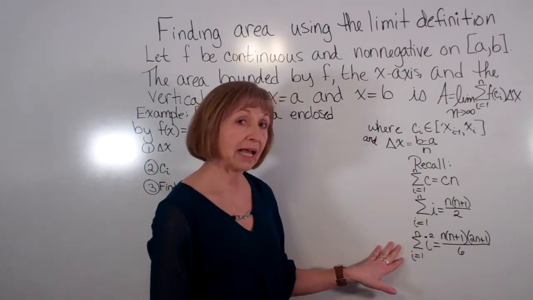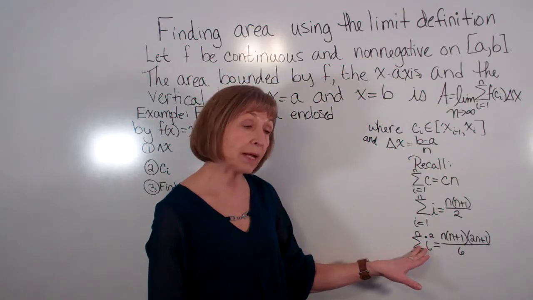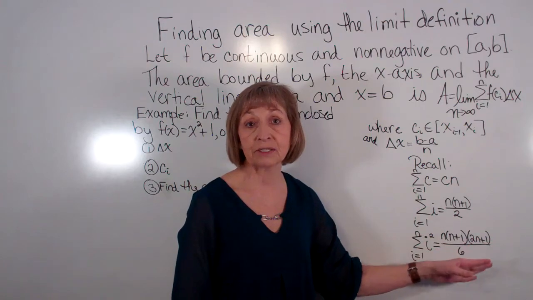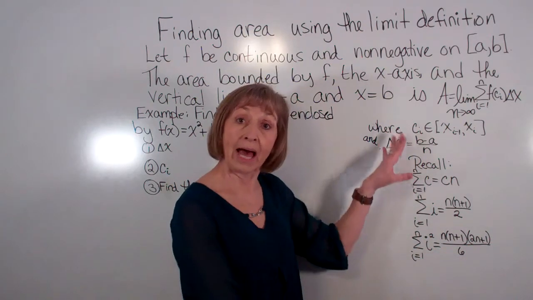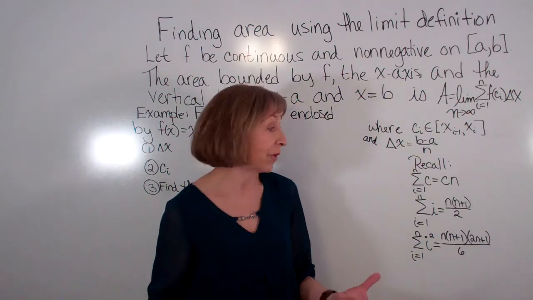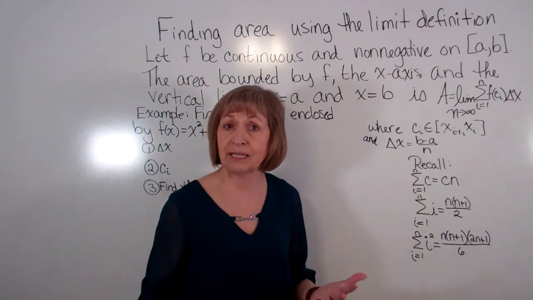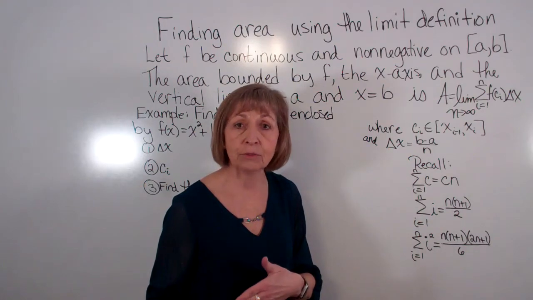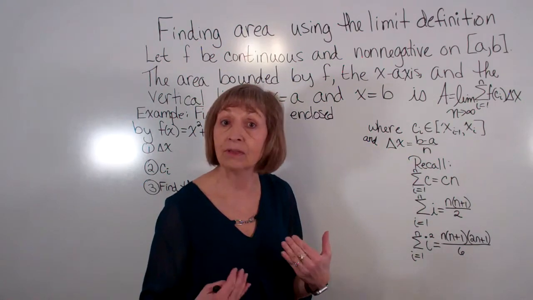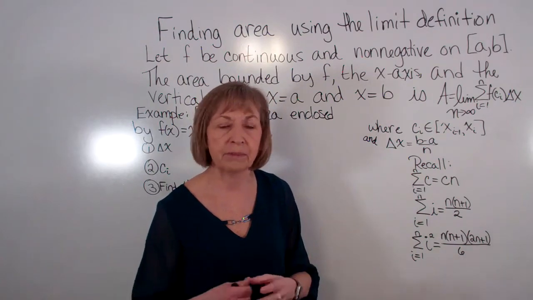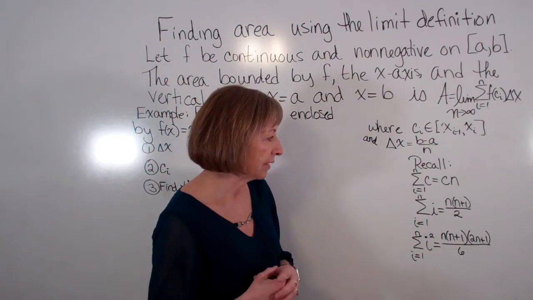And the summation i equals 1 to n of i squared is equal to n times n plus 1 times 2n plus 1 all over 6. Now, I just listed here the ones that we'll need for this problem. There are a lot of other summations. If you had a polynomial function whose degree is higher than what we're doing, you could reference those, just like by Googling summation formulas and that sort of thing.